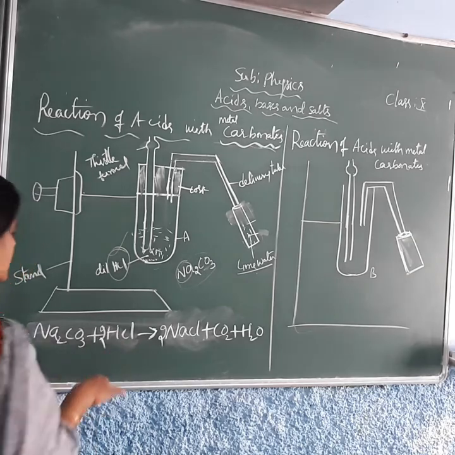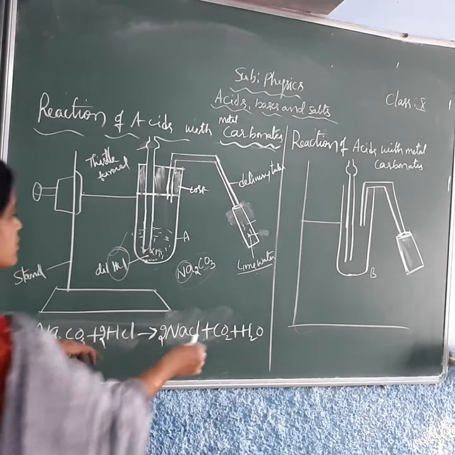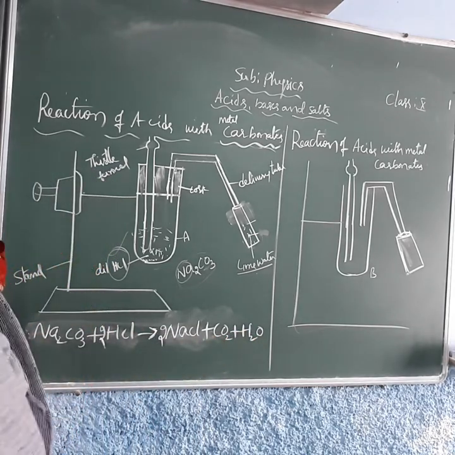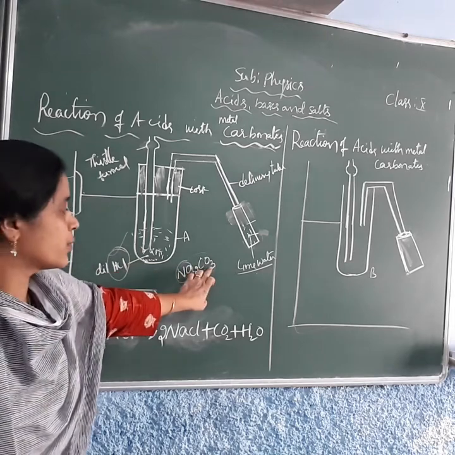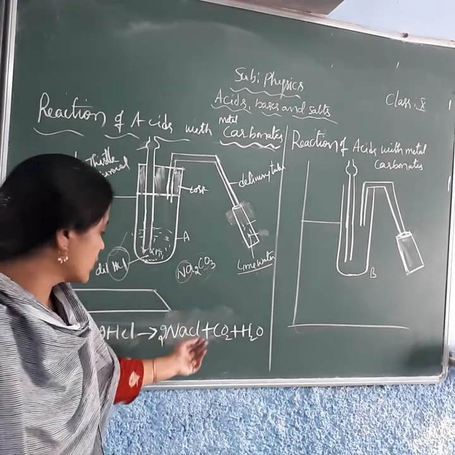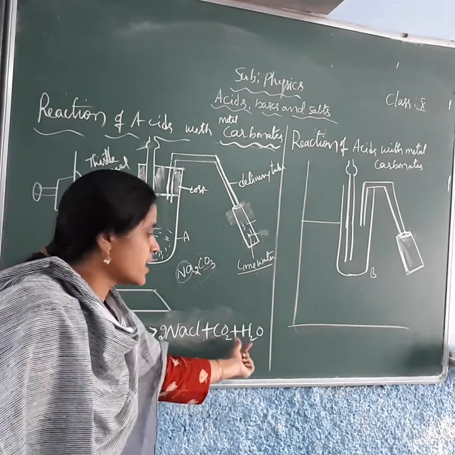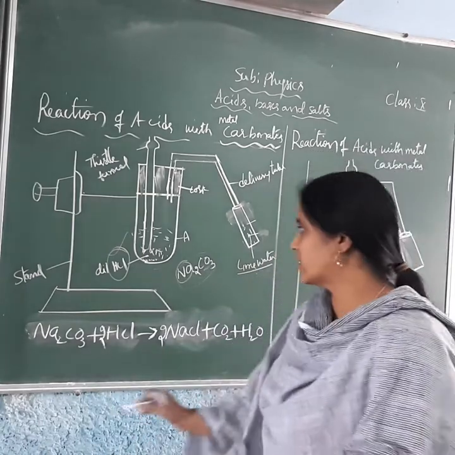Then carbon dioxide from CO3, and H2O. So balanced. So when acids react with metal carbonates, the end products we get are salts, carbon dioxide and water.